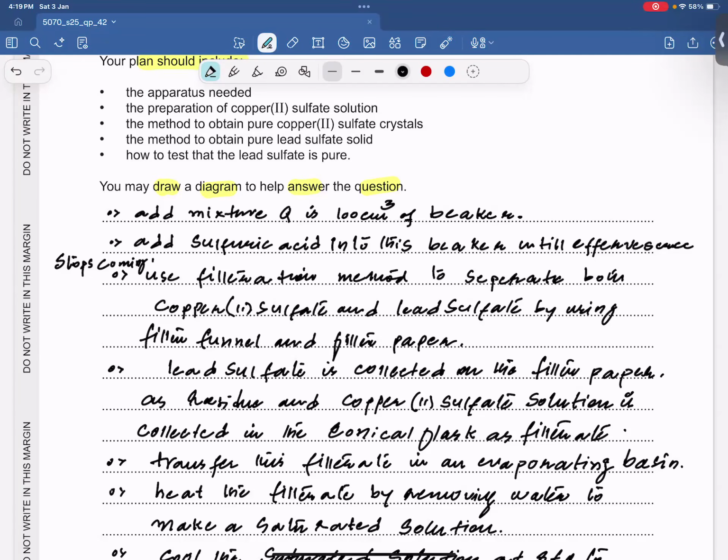When no more effervescence is seen, that's the best statement. Instead of effervescence I can write bubbles because I'm having issues with space. Until no more bubbles are seen.